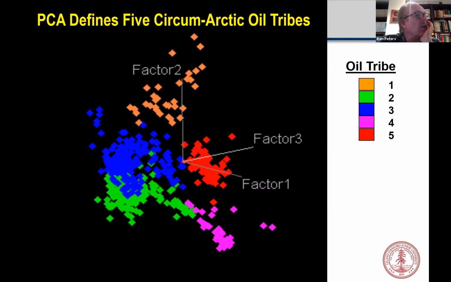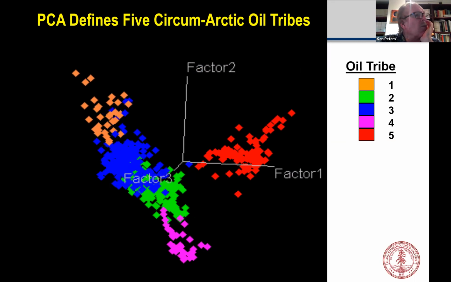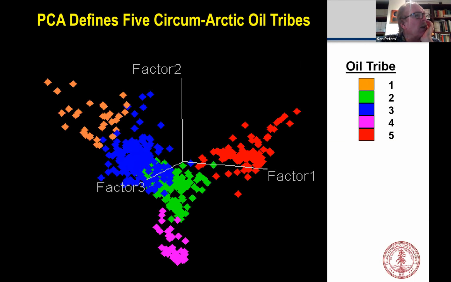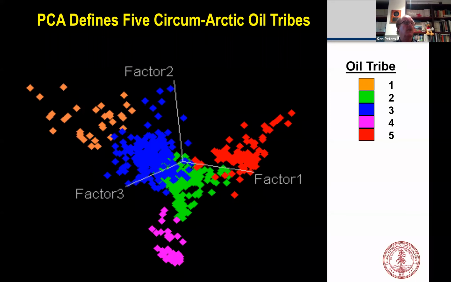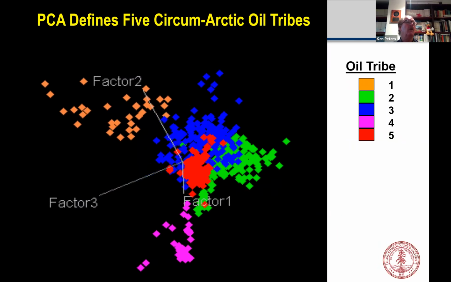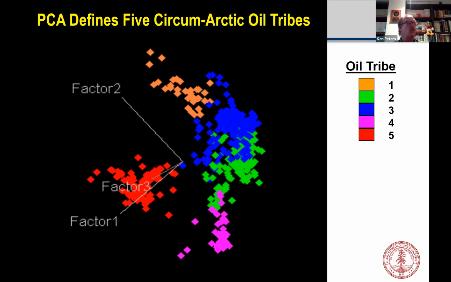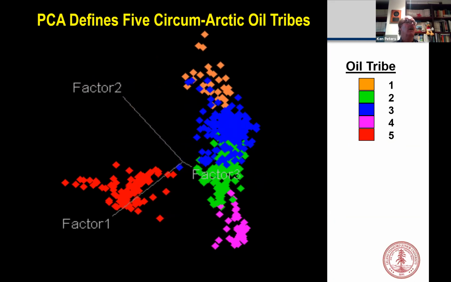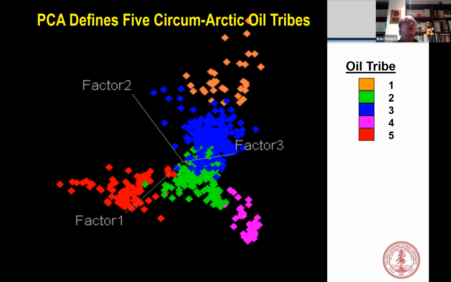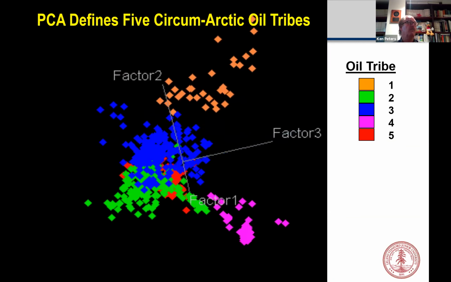And you can see very clearly here that we have distinct groups. There's still some overlap between the blue and the green, but we have distinct groups based on principal component analysis. And in this case, we were looking at more than 20 different source-related geochemical parameters. These were mostly isotope ratios and homolog ratios, like the oleanane to hopane ratio, right?